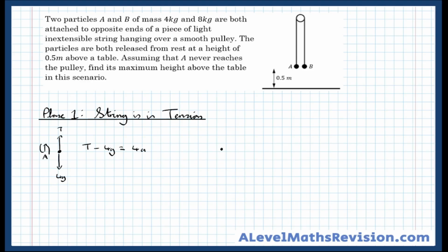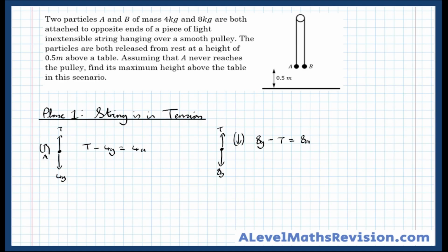Particle B now has weight 8g and tension going up again, and because it's moving down, I'll consider down to be the positive direction, and that's 8g minus T equals mass times acceleration again.